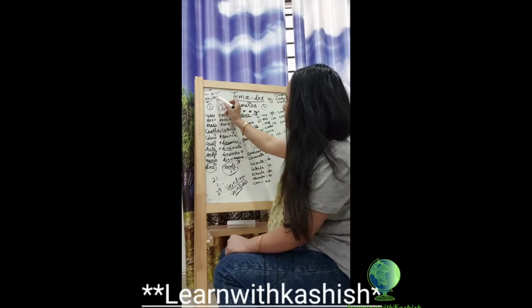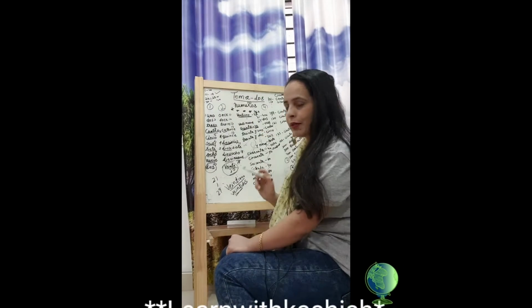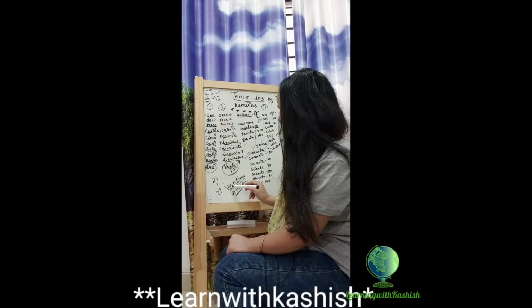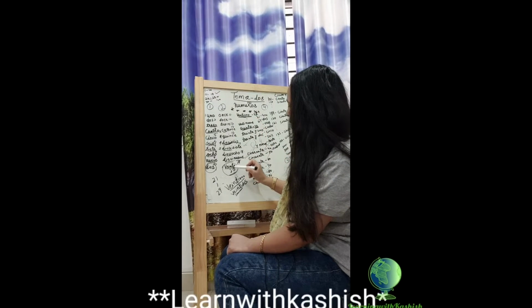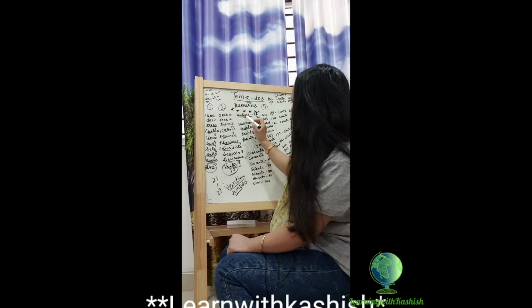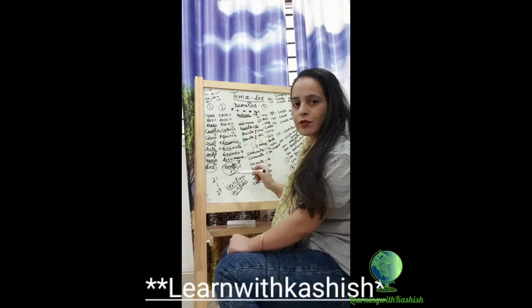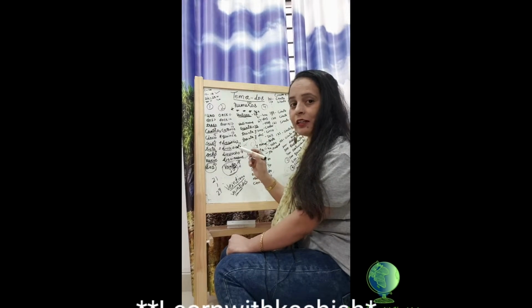Now 21 to 29 is also a little tricky. You just have to remember that it is veinte. Drop this E and write I, and then join uno. You have to drop this E, this A in Spanish, E in English.